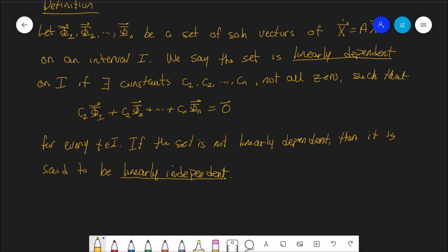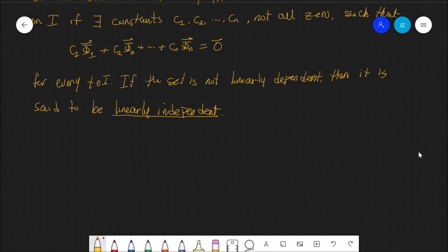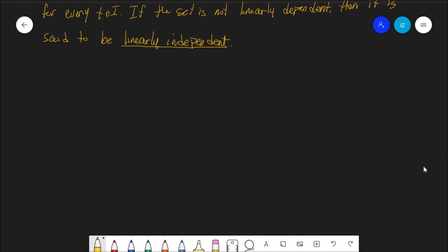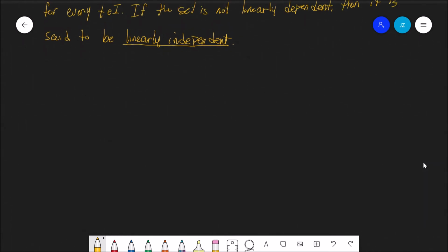So we now just need a criterion, and we hope that it's very similar to the criterion studied in higher order differential equations. And in fact, it is.